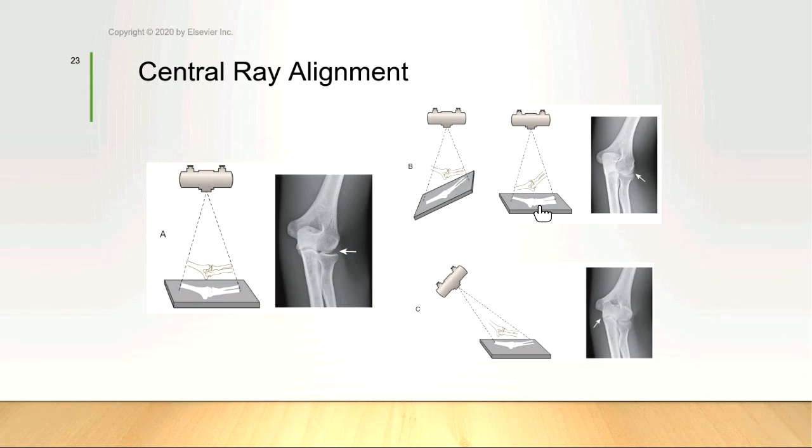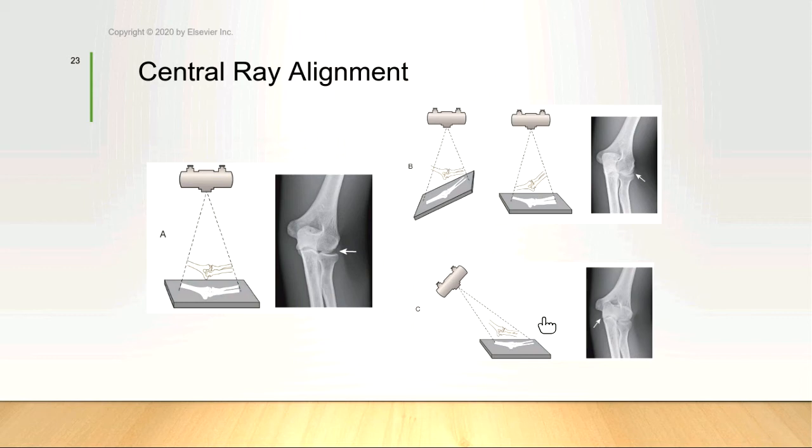In this little one, now you've got the tube perpendicular to the IR, but the part and the IR are not parallel, so in this particular picture, it looks foreshortened. And then in picture C, you've got shape distortion, because the central ray is not perpendicular to the part, so it elongates the olecranon process in that particular elbow picture.